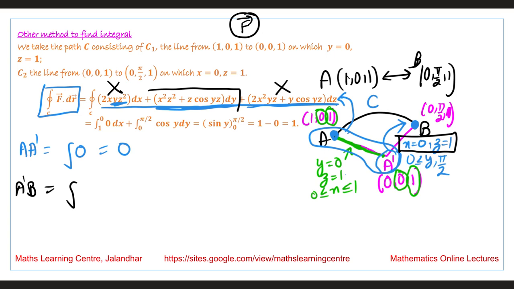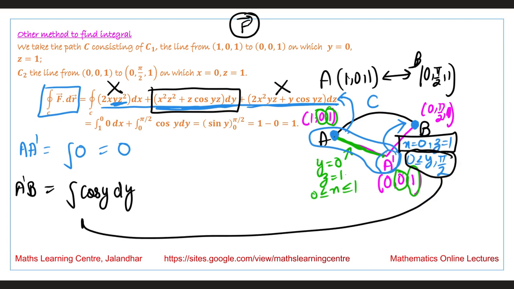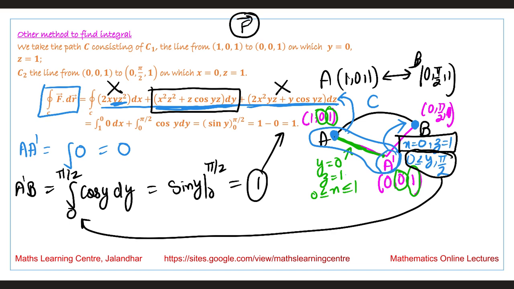We are left with this term, and when we substitute x is equal to 0 and z is equal to 1, we get cos y dy, where y is varying from 0 to pi by 2. So when you substitute this limit, you will obtain sin y, with limits from 0 to pi by 2, and the answer we obtain is equal to 1. So you can use this method to calculate the integral in this case.